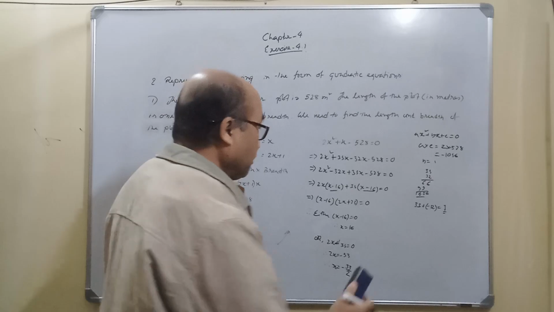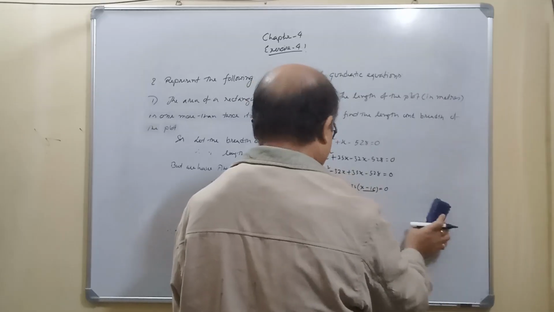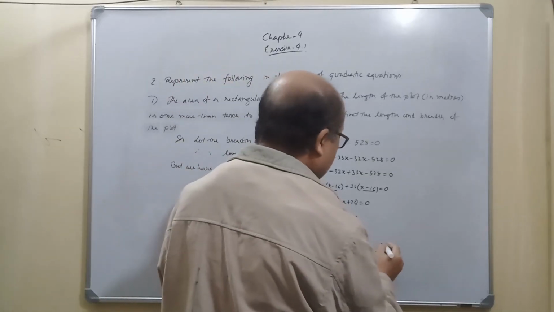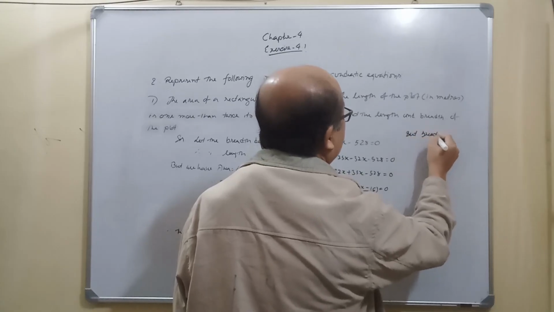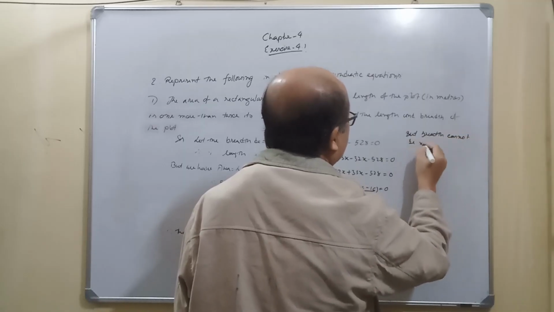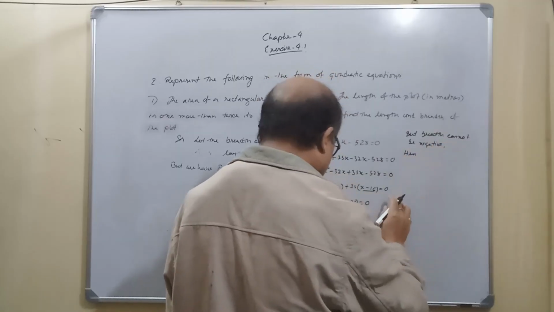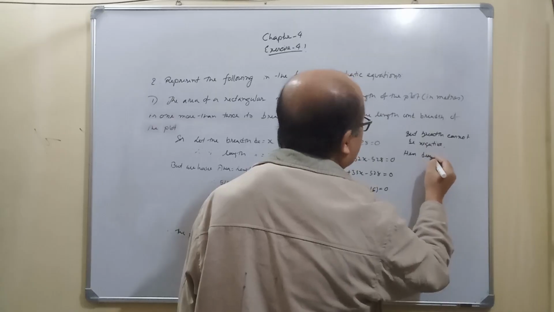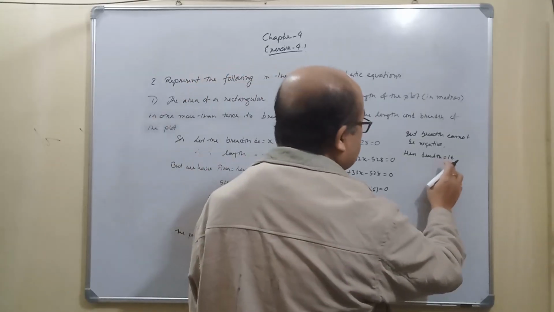Now we can safely ignore the negative value, because breadth cannot be negative. Hence breadth will be 16, so breadth is equal to 16 meters.